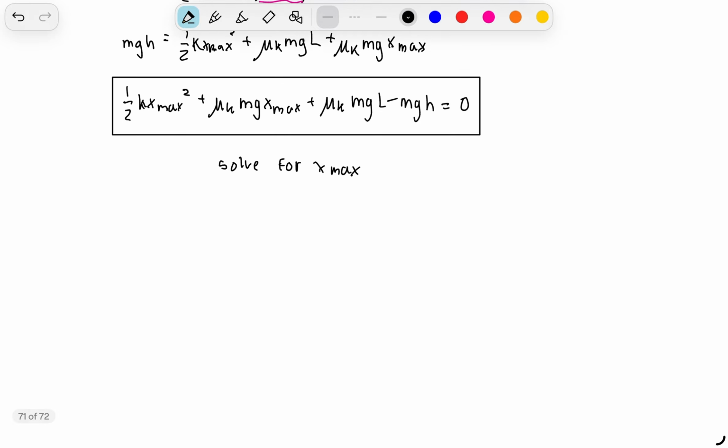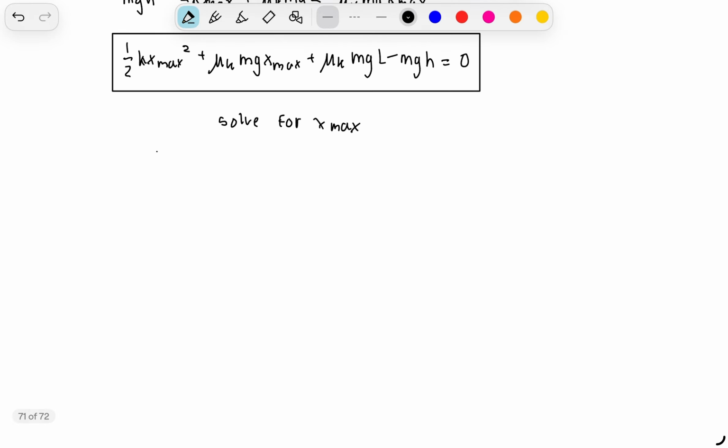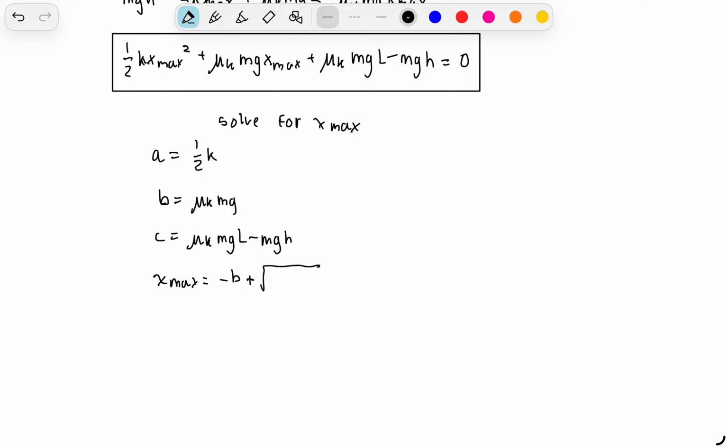Now, if you do this using the quadratic formula, what we can see is A is equal to 1/2 K, B is equal to mu K mg, C is equal to mu K mg times L minus mgh, and your X maximum is equal to negative B plus the square root of B squared minus 4AC all over 2 times A.